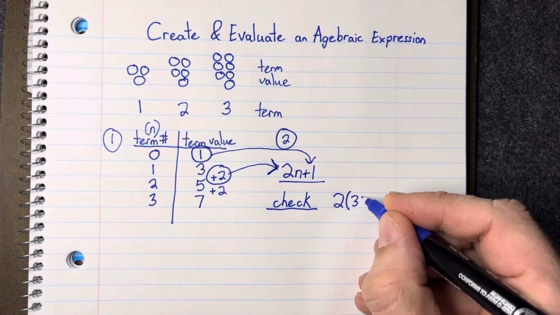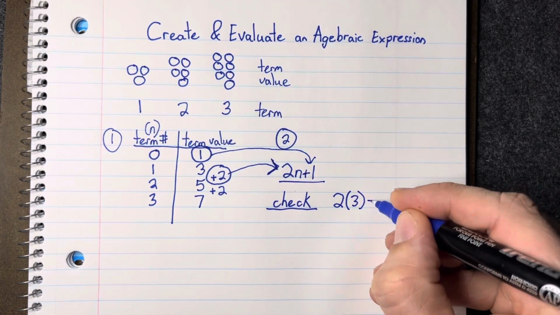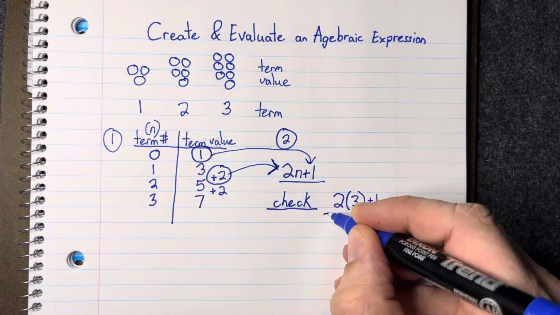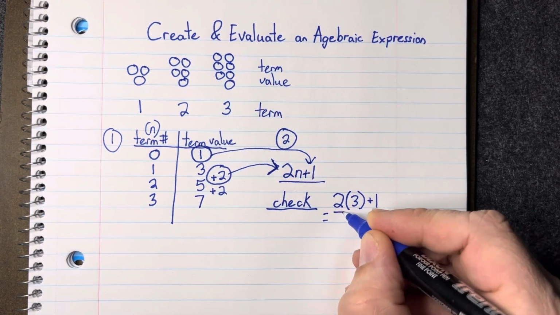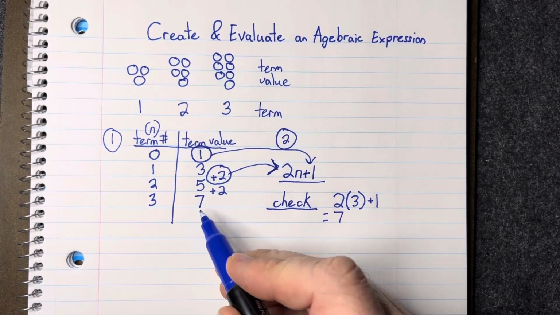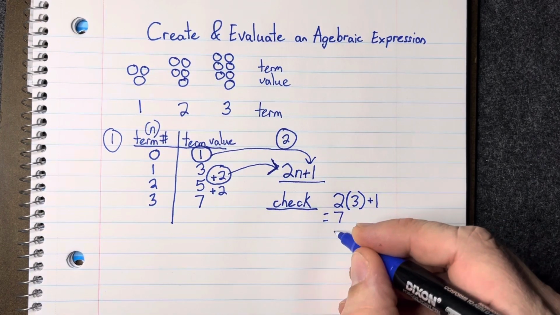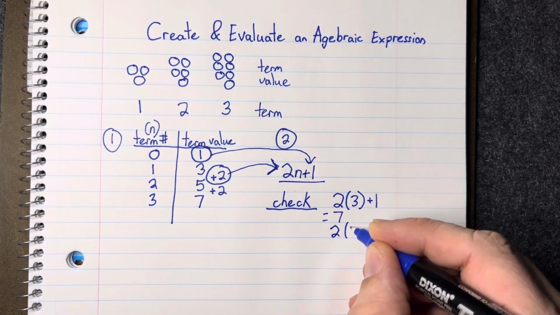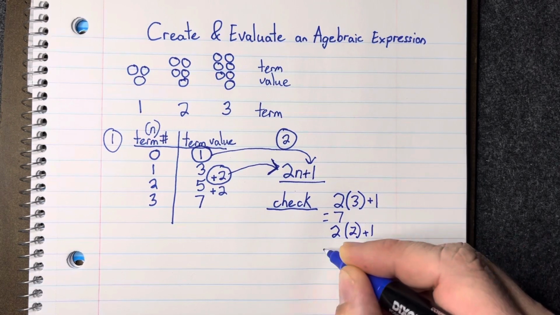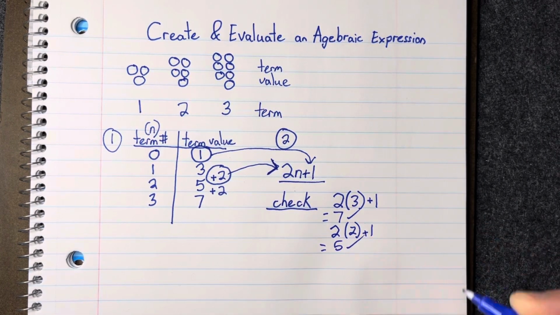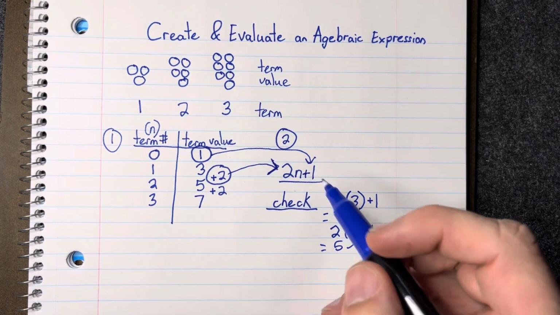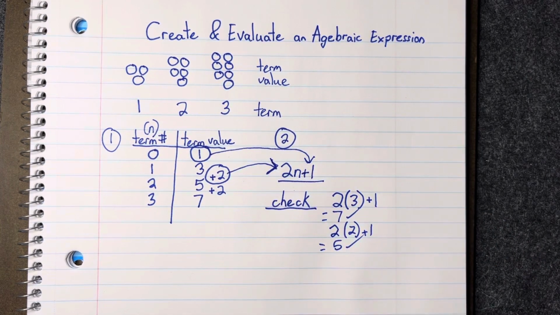We put a 3 in, and then we do 2 times 3 plus 1, which is 7. So that's correct. We could check again. Let's put in the second term. 2 times 2 is 4, plus 1 is 5. So that's correct, and that's correct. So we know that we now have the correct algebraic expression.